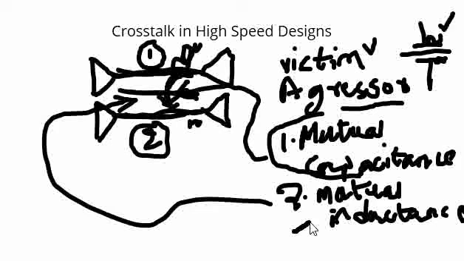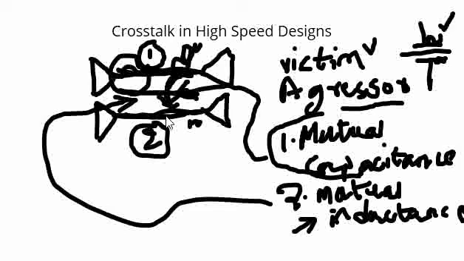Now, what is mutual inductance? Let us assume these two traces are traveling together over a particular distance. The aggressor signal will have a magnetic field around its trace, right?